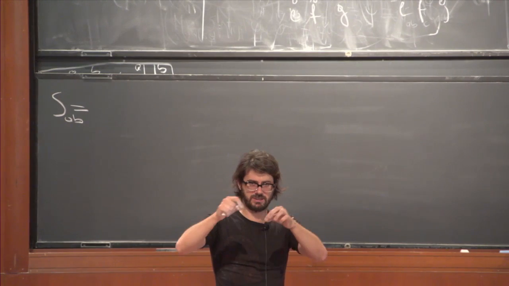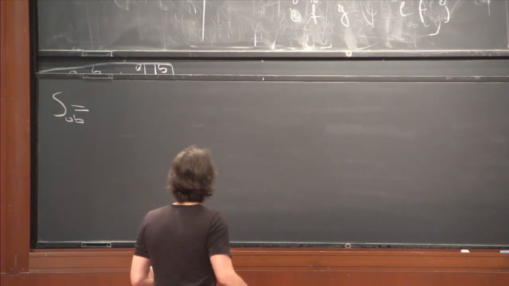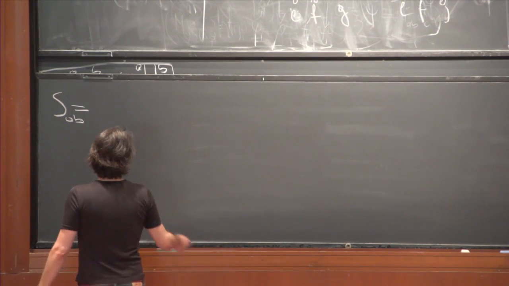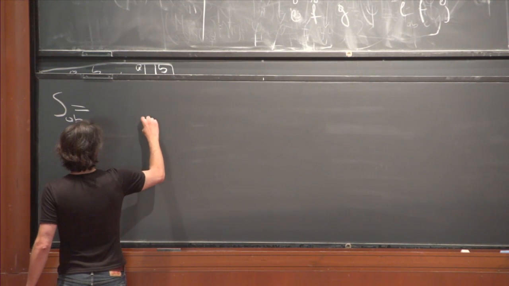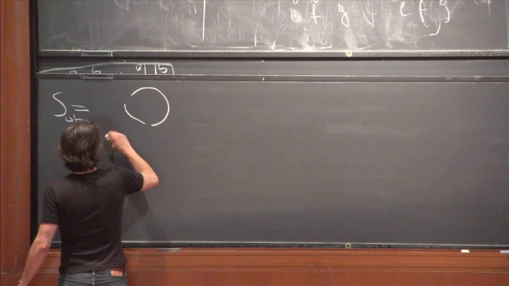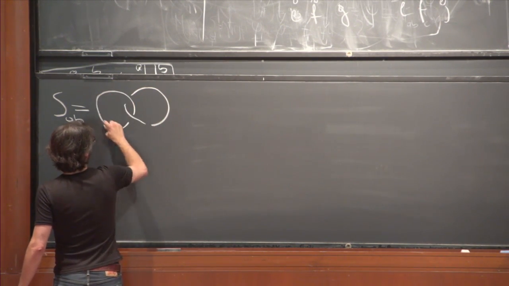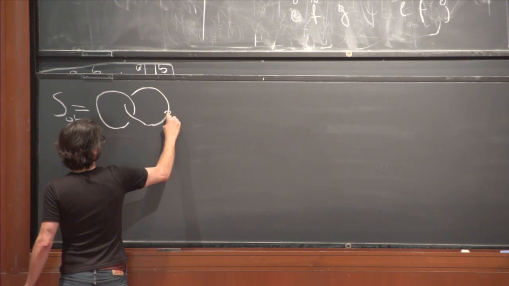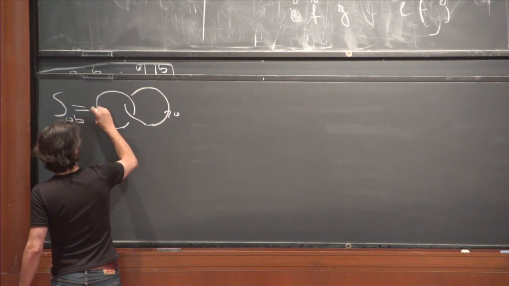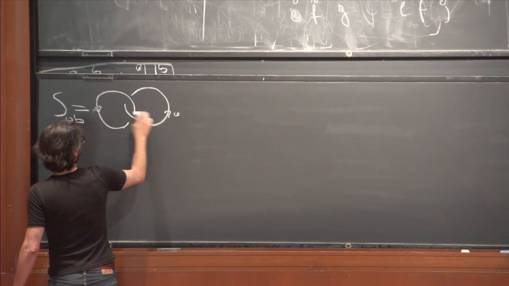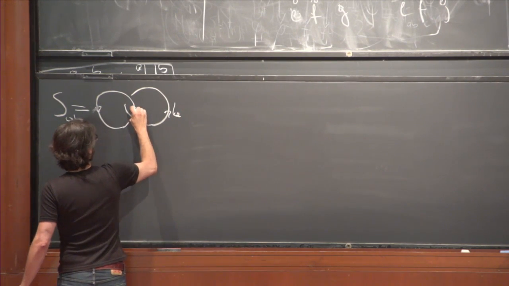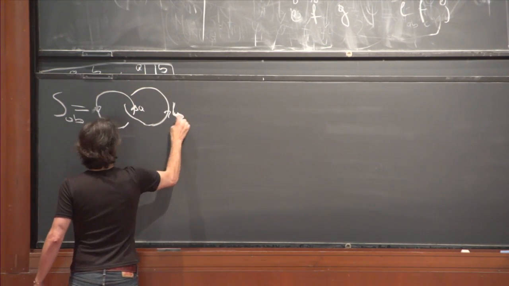So that's not just exchange, that's full braiding. Okay? And pictorially, I can represent this as this. Call it B_A. Okay?